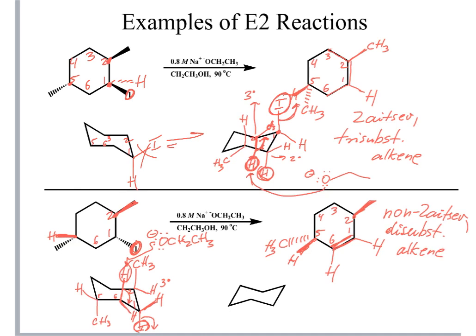Let's take a look at the expression for the rate for each reaction. I will go ahead and label one alkyl halide as A and the other one as B. The rate law for the top reaction will be proportionality constant times the concentration of A times the concentration of the base, sodium ethoxide.